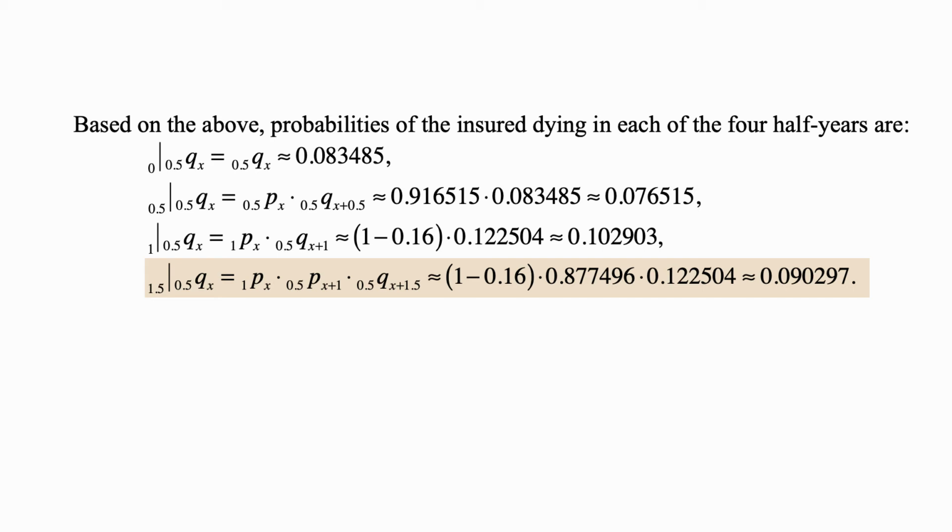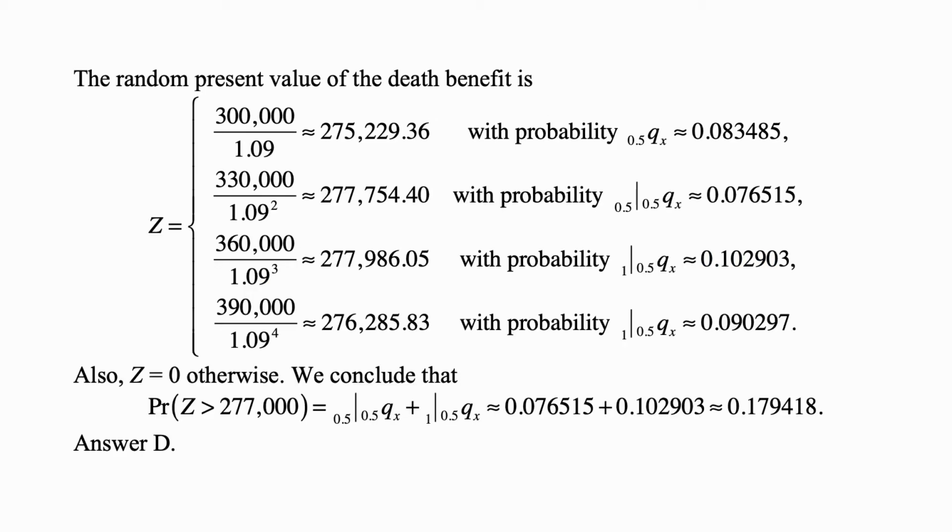That's why you see that 0.877496 there, times 0.5 qx plus 1.5. And that number we calculated in the previous calculation, so we plug them all in and we get approximately 0.090297.